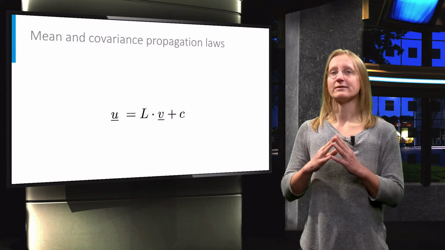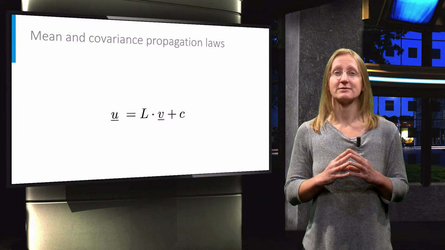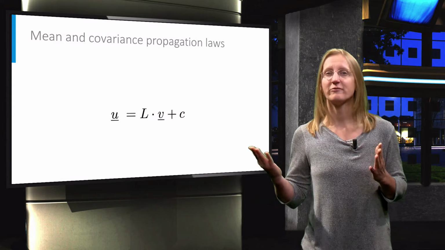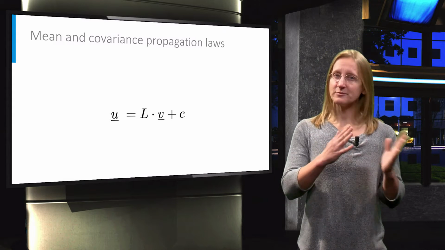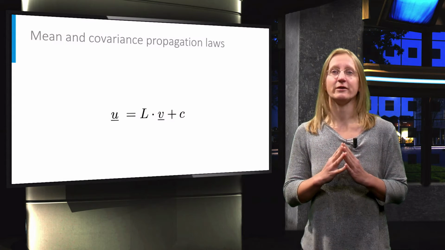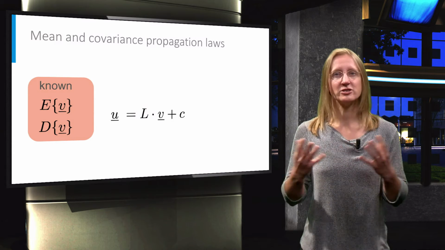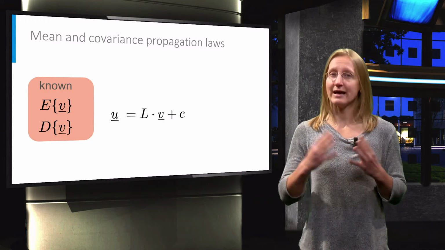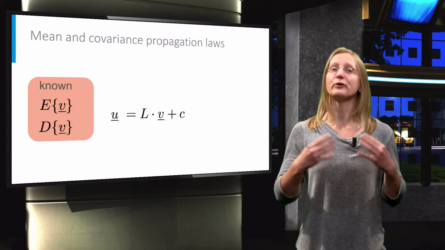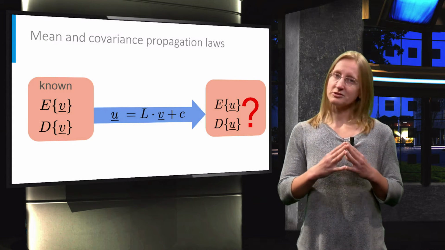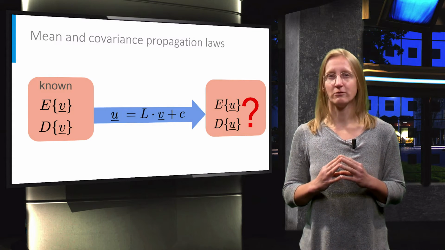Here we see that the random vector u is a linear function of random vector v. If the expectation and the dispersion of v are known, the propagation laws allow you to determine the expectation and dispersion of u.